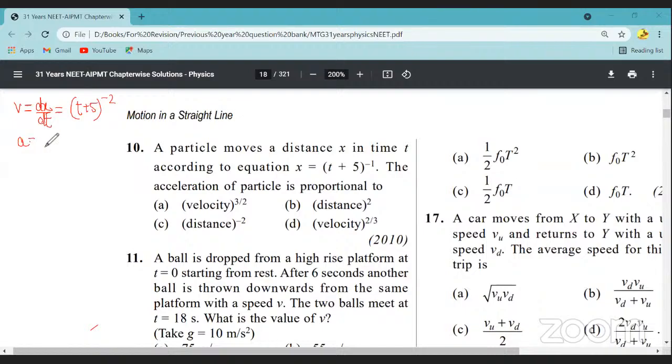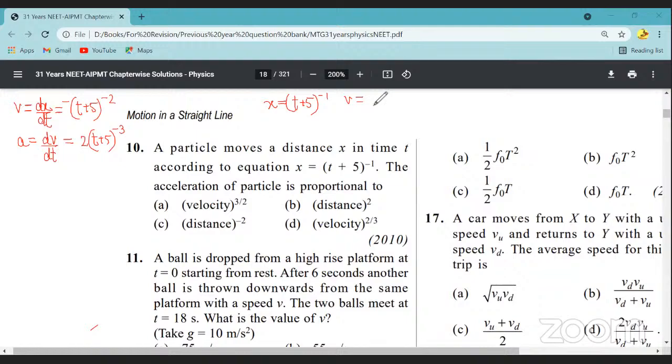is dv by dt. Yes. So its differentiation will be, yes, there will be a minus 1 also here, 2 into t plus 5 whole to the power minus 3. Okay, so x is how much? X is t plus 5 whole to the power minus 1.